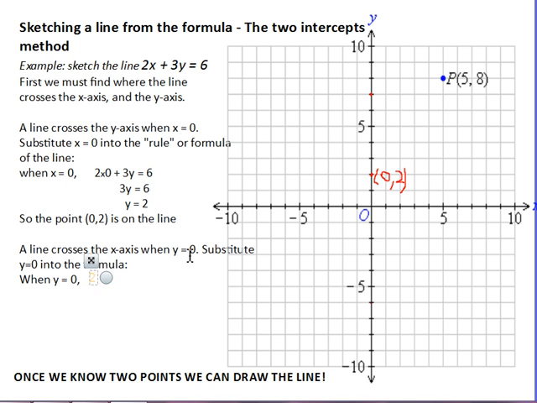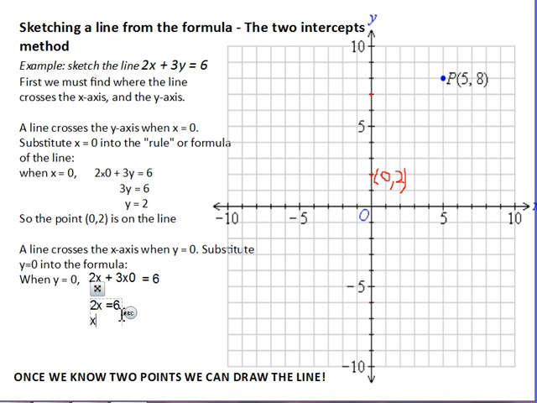So 2x plus 3 times 0 is equal to 6. So that becomes, 3 times 0 is 0, of course, so that just becomes 2x equals 6.